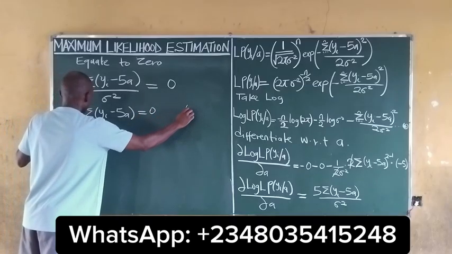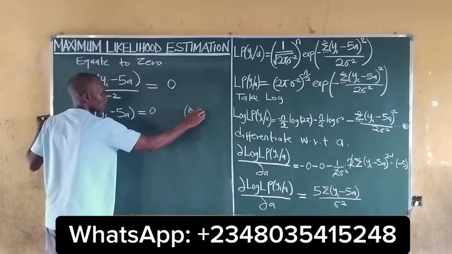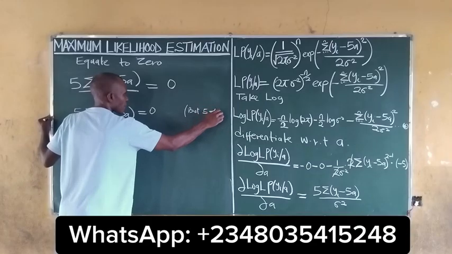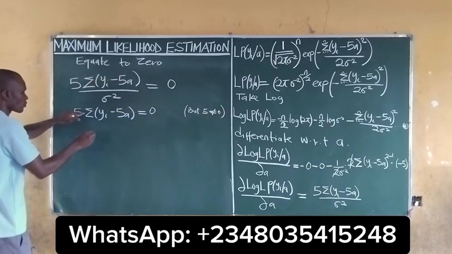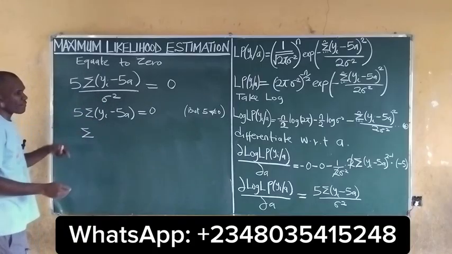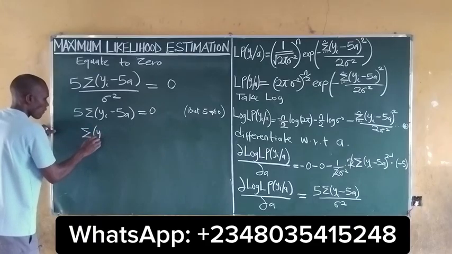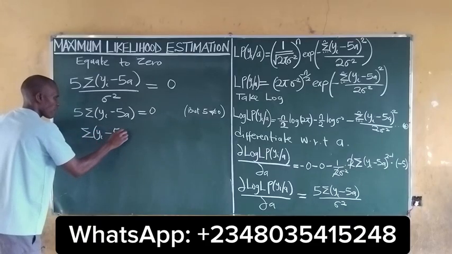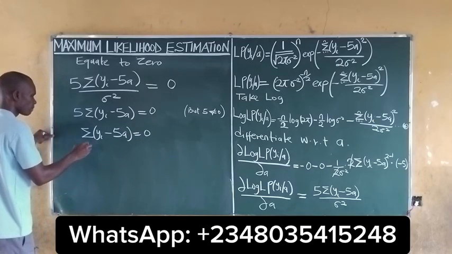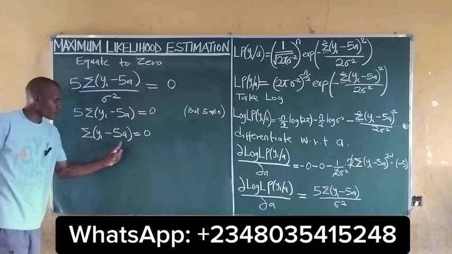You should also know that 5 is not equal to 0. This is also the same thing as if we divide both sides by 5, we get summation of yi minus 5a to be equal to 0, which implies that we need to sum the whole of this.